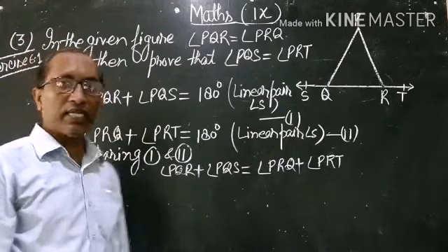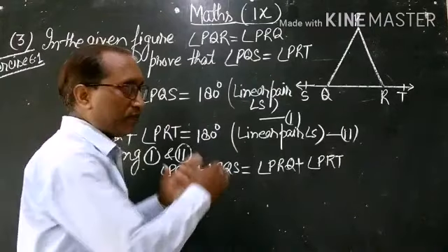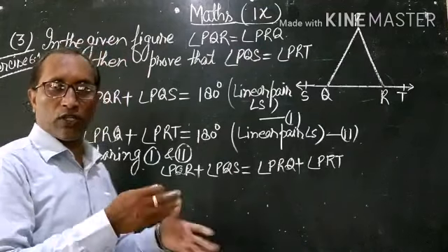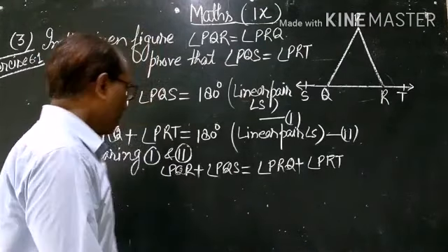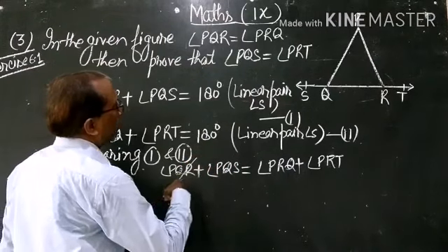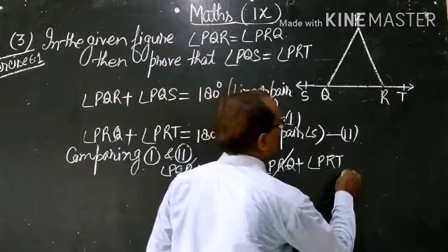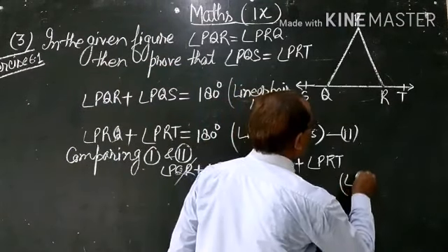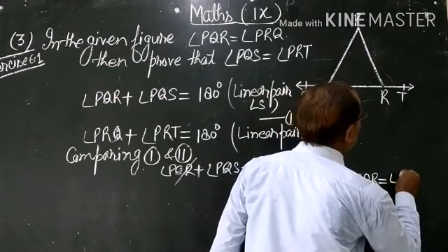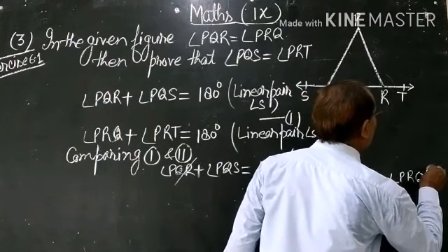Therefore, they will be cancelled here. If the equal amount is added in both sides, or they are subtracted from both sides, there is no difference, means these are equal to each other. Therefore, angle PQR is cancelled here by angle PRQ because angle PQR is equal to angle PRQ.